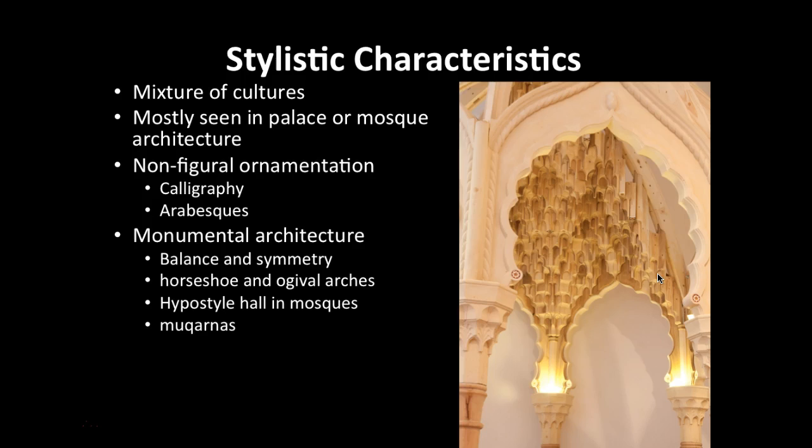Hypostyle halls are in every mosque. So a lot of different columns within, and large open spaces, because mosques are prayer halls. So that's definitely something that we see in every part of the architecture of mosques. And that develops from the initial practice of Muslims.